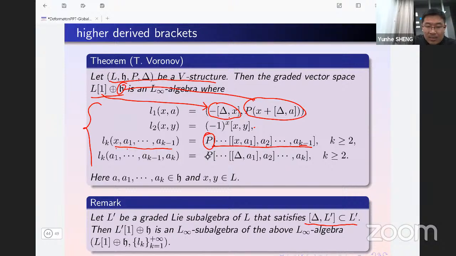Then on the direct sum of L prime 1 and H, there is an L infinity subalgebra structure of the above L infinity algebra. Yeah, we will obtain a smaller L infinity algebra structure, and this one is exactly what we wanted.